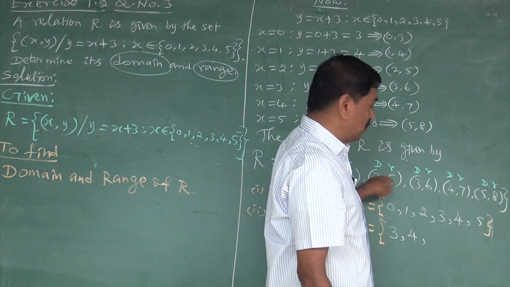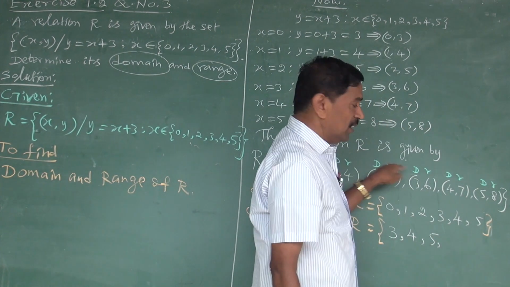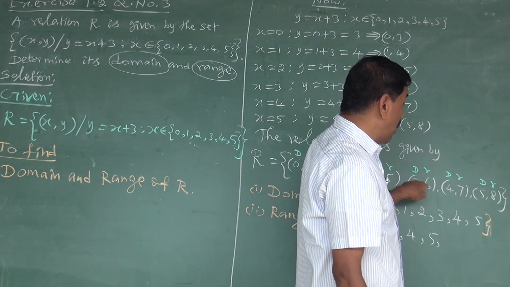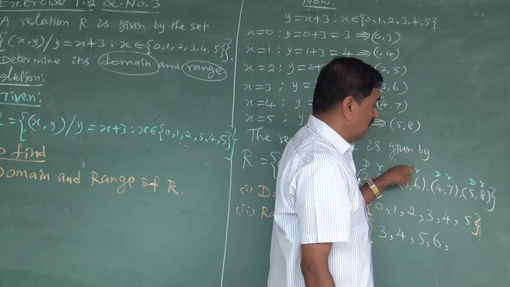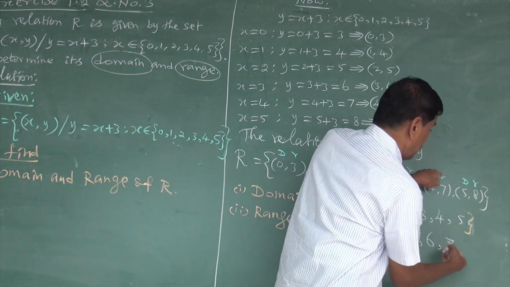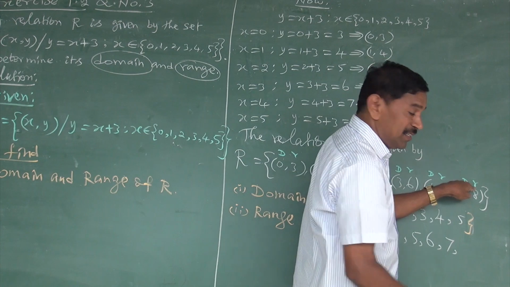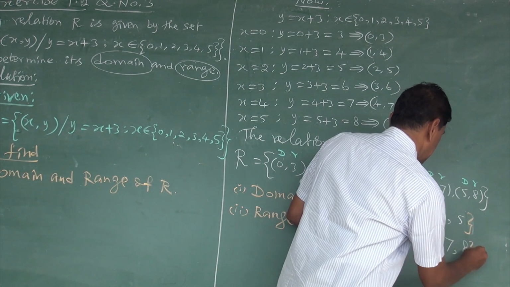Second element 5 belongs to the range, so 5 comma. Second element 6 belongs to the set range, so 6 comma. Second element 7 belongs to the set range, 7 comma. Second element 8 belongs to the set, 8. So complete the flower bracket.